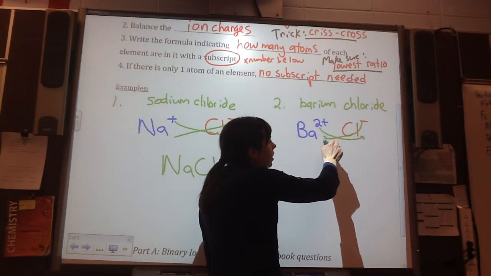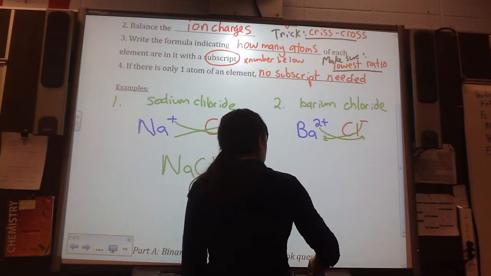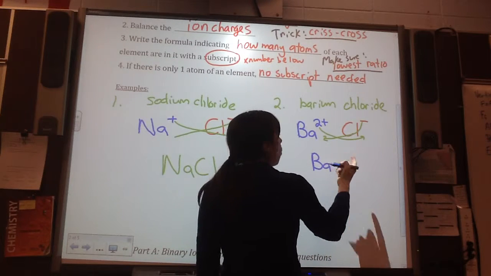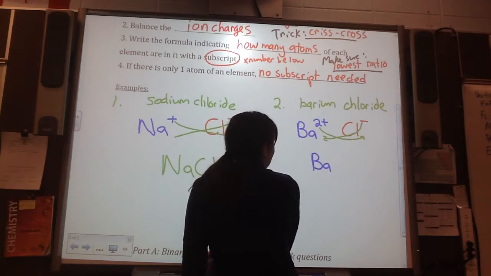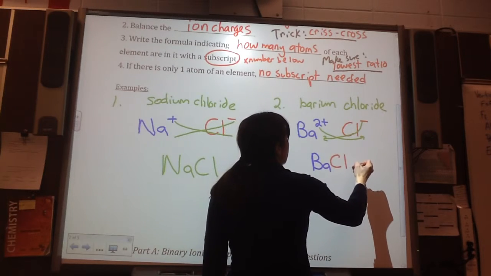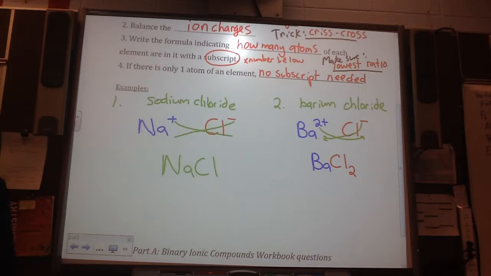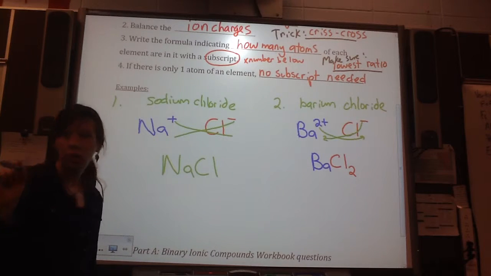So you just criss-cross the numbers. So now I have Ba1 and Cl2. Okay, I'll show you one more example that will look just like your workbook one.